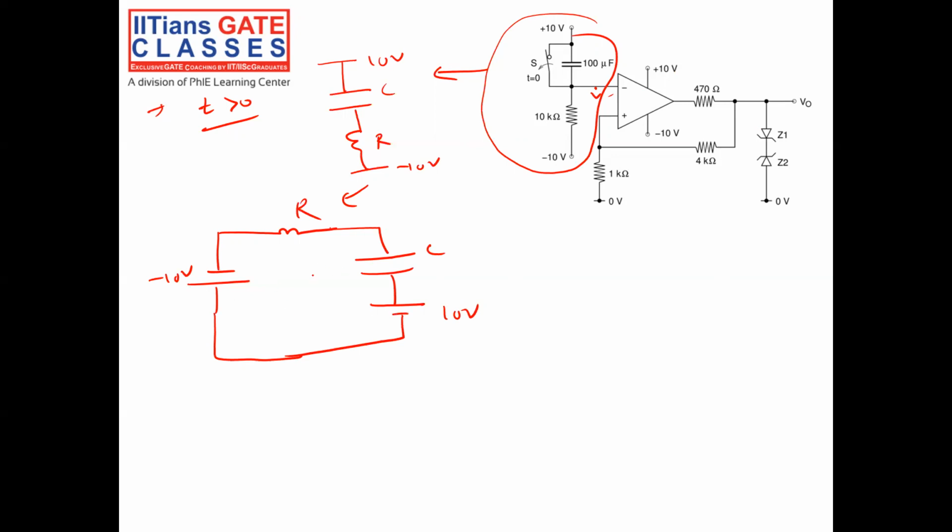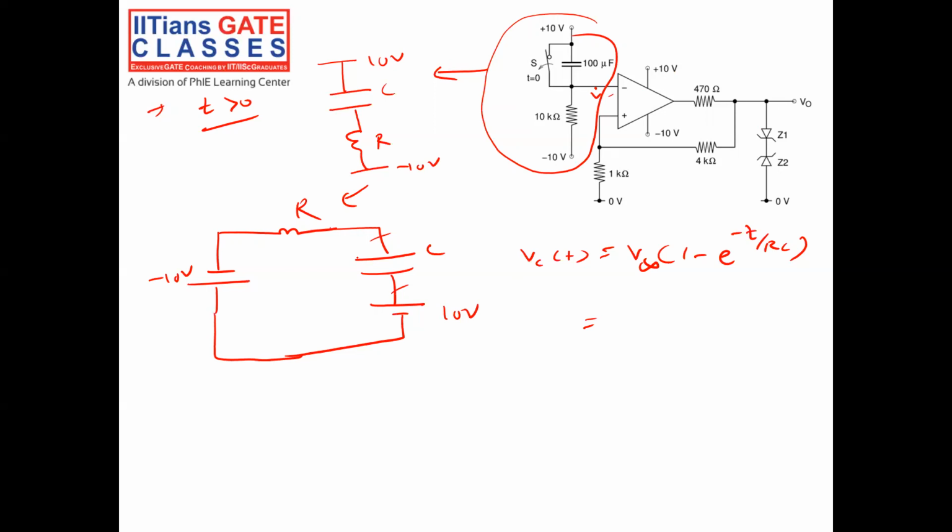So if you see, what is the voltage across the capacitor? VC(t) will be equal to V infinity into 1 minus e to the power of minus t by RC. We know this is the charging of my capacitor. What is V infinity? During infinite time, the capacitor will be open. What is the V infinity?